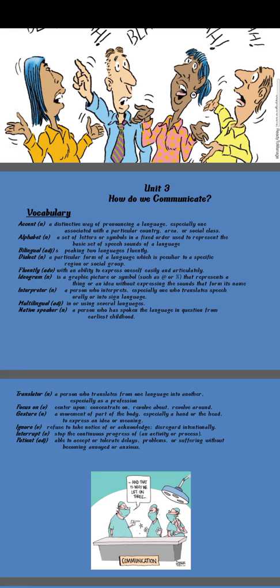When we talk about communication, we talk about accent. And accent is a noun. We can use it as a noun. An accent is the way in which people in a certain area, country, or social group pronounce words. For example, I can say he's got a strong French accent, he's got a strong Scotch accent.